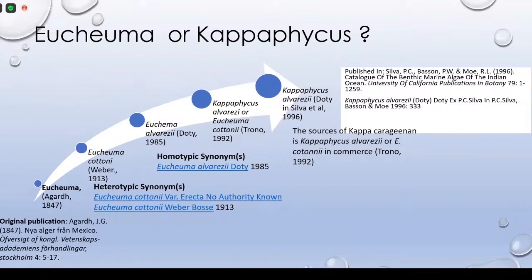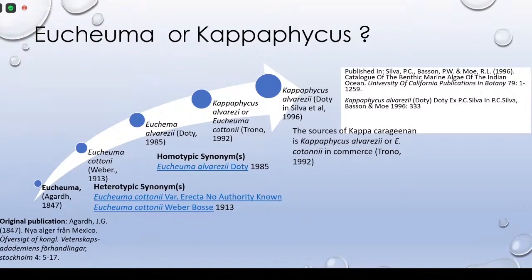The genus Euchema was first published in the original publication by Agathe in 1847.